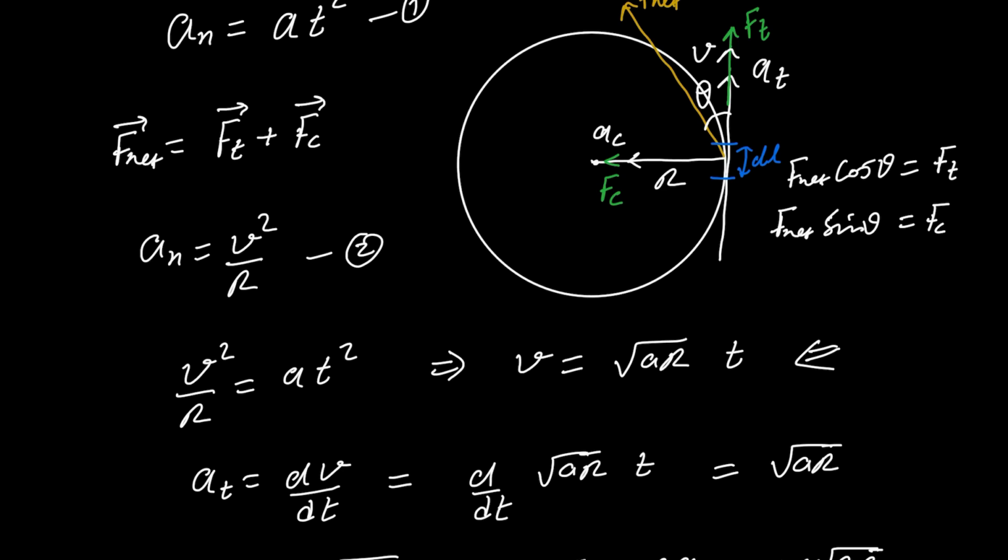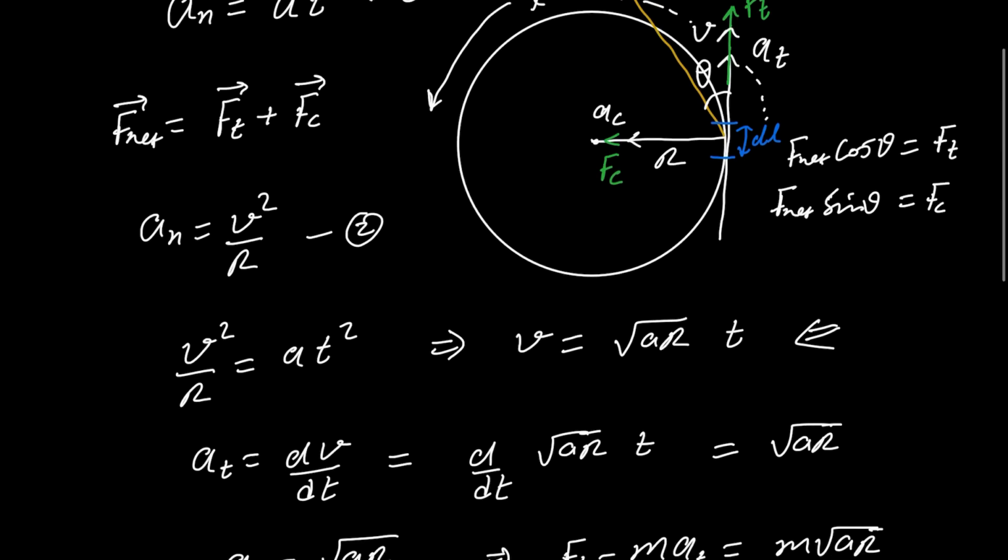So let's say the particle travels some distance over this circle, starting from here. So what will be this distance?